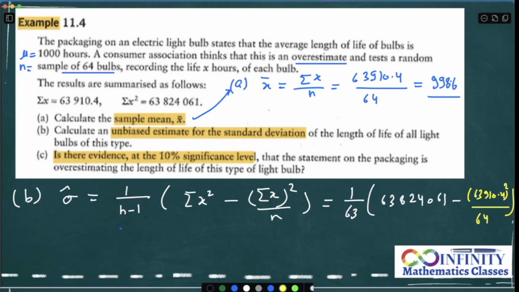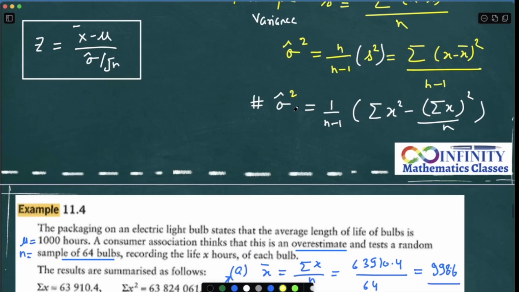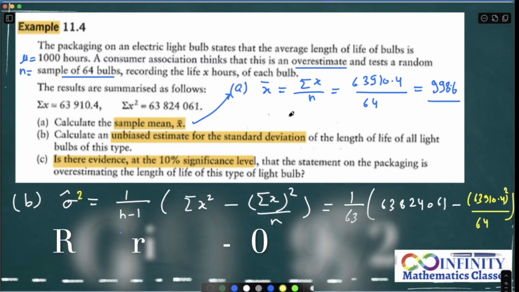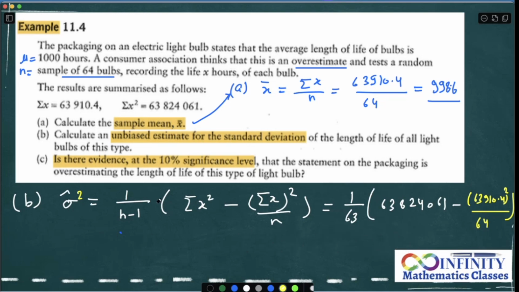I forgot to mention that it is divided by 64. I am getting sigma square, and this is actually sigma square. So that is a mistake, because it is variance. Variance is sigma square by default. Yes, so I'm getting 49.77. Perfectly okay, you get the right answer, 49.77. This is the variance.